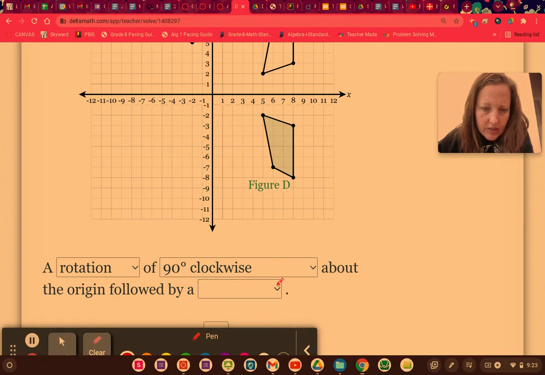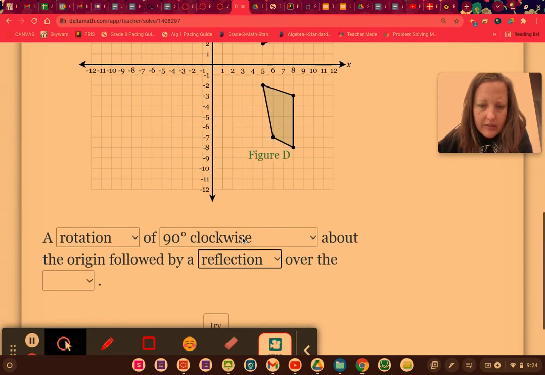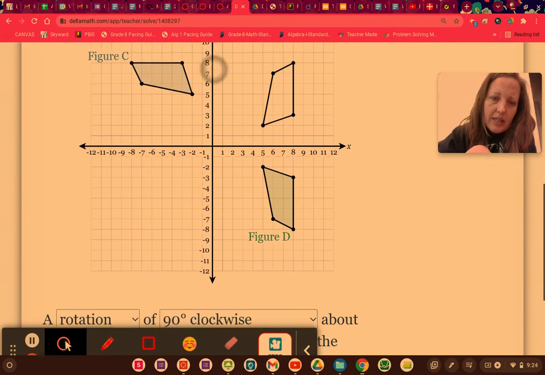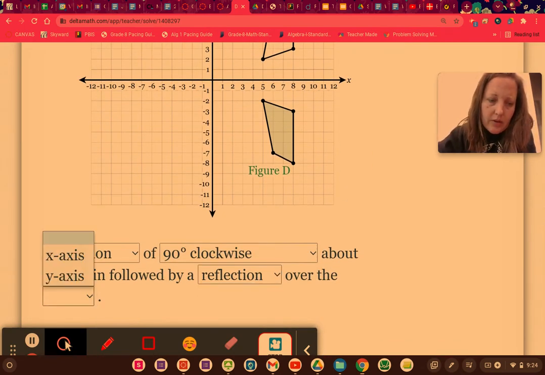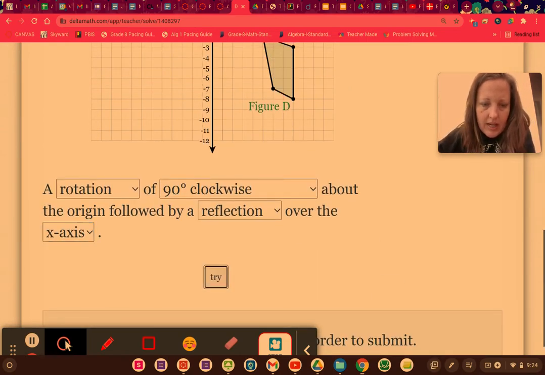And it says a rotation of this about the origin, right? So it goes about this, and then followed by a reflection, but I have to tell it where to reflect. I don't want to use the y-axis. I want to use the x-axis because I want it to flip down, right? So the x-axis. Let's hit try and see what happens.